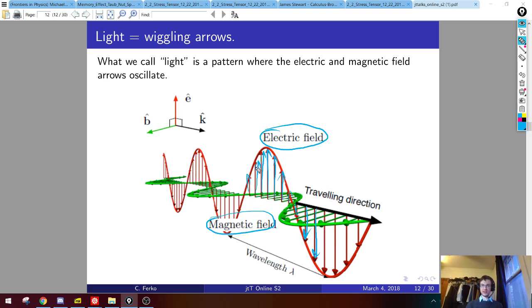And this changes both in space and time. So if you wait maybe 1 second, then this entire picture translates to the right on screen by some distance. This is all light is. When you look at something, there's simply a pattern of oscillating arrows in space that hits your eye, and that data is interpreted as some sort of picture by your brain. That's it. That's all light is.